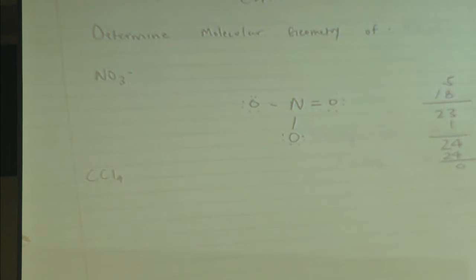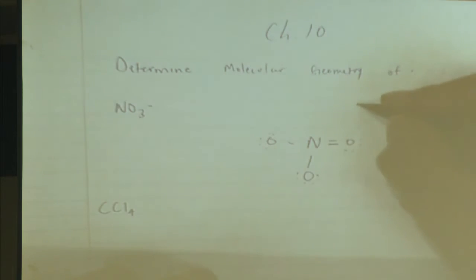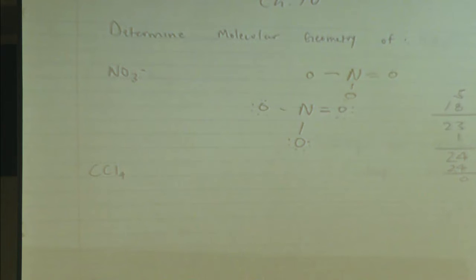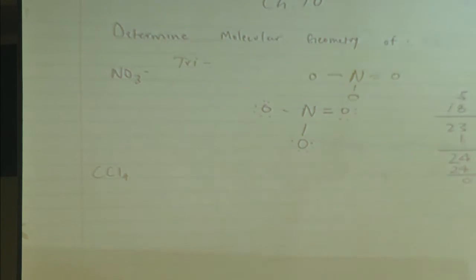I'm going to start using pencil so I can erase, so it doesn't look like oxygen has a bunch of stuff. So that's what it should look like. What is the molecular geometry of that nitrogen? So I heard trigonal. Trigonal what? Planar, awesome.